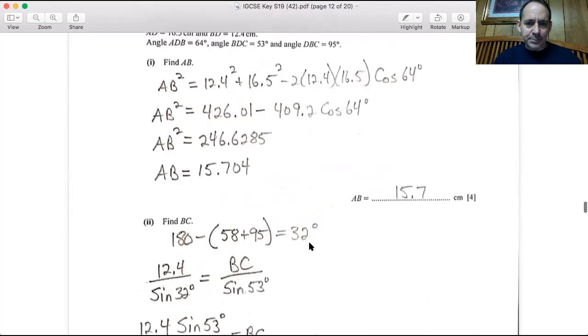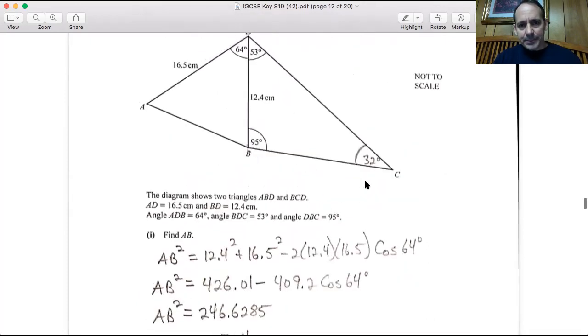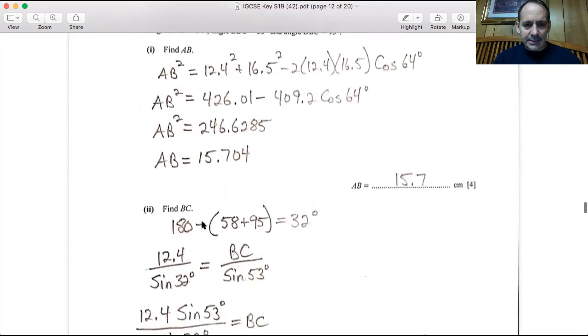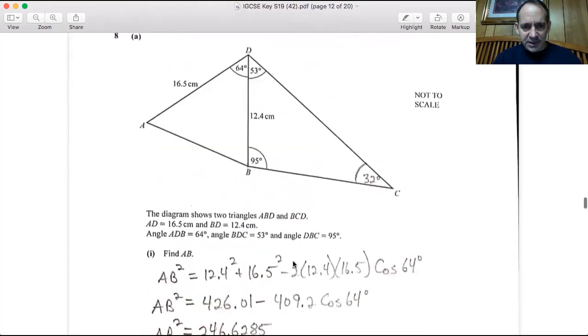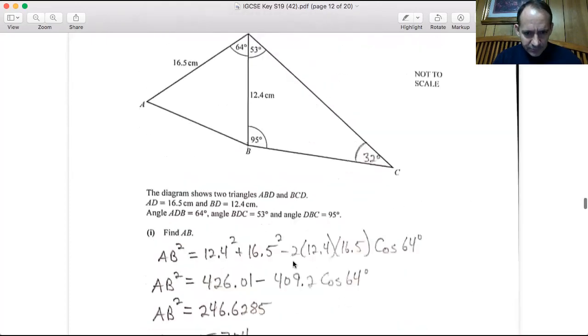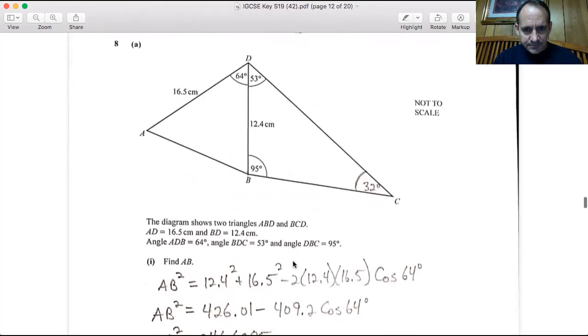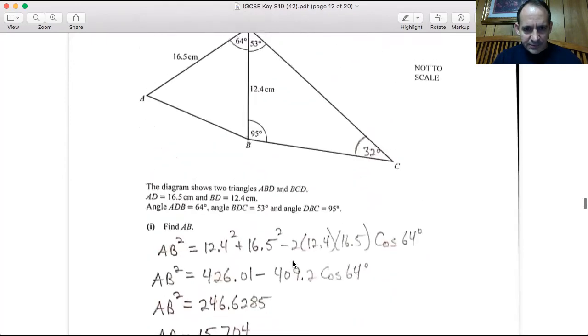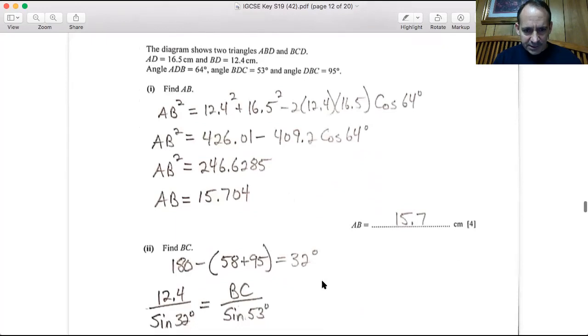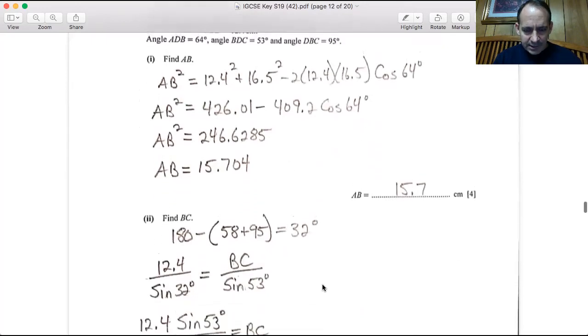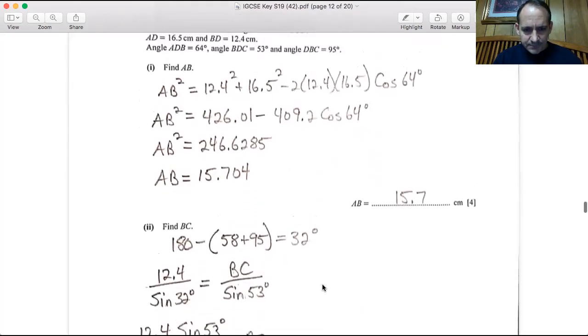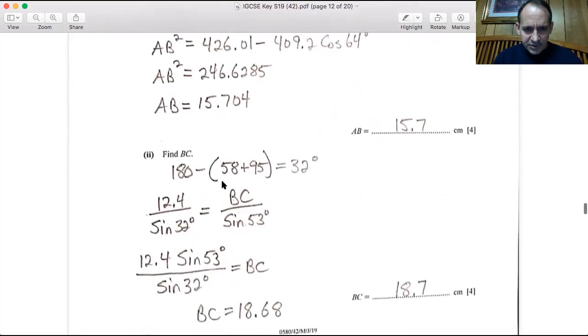Now we want to find BC. Well, BC is this length down here. We're given these two angles, so we want to find this third angle. So 180 minus the 50, why did I put 58 plus 95? That's a 53. Okay, I miswrote this.